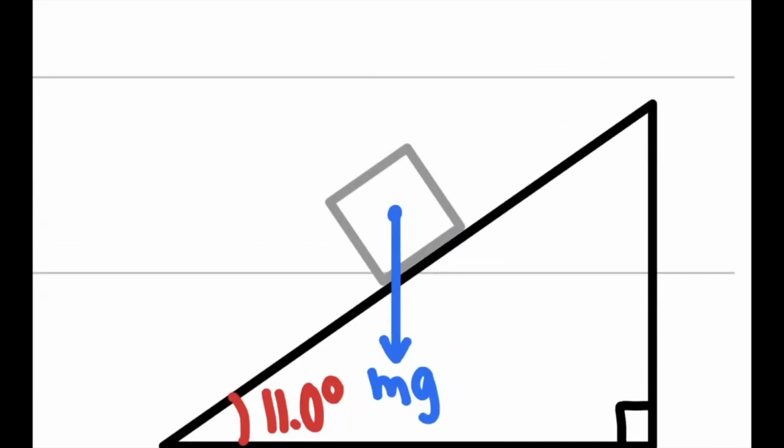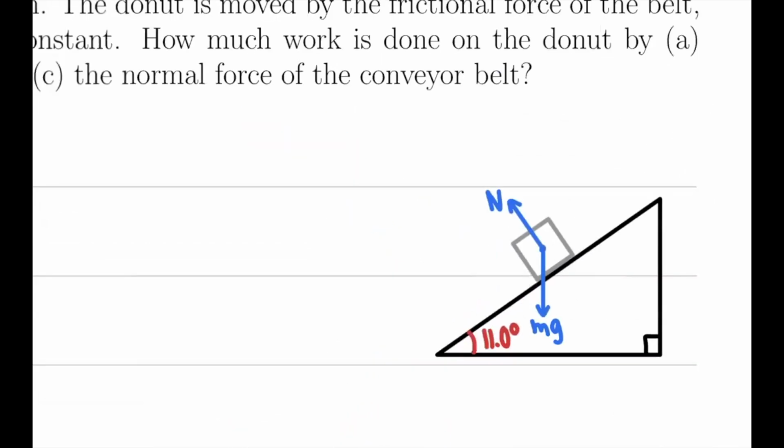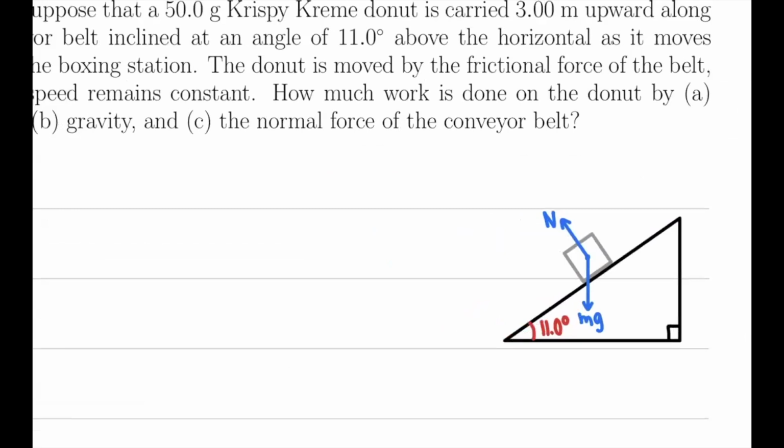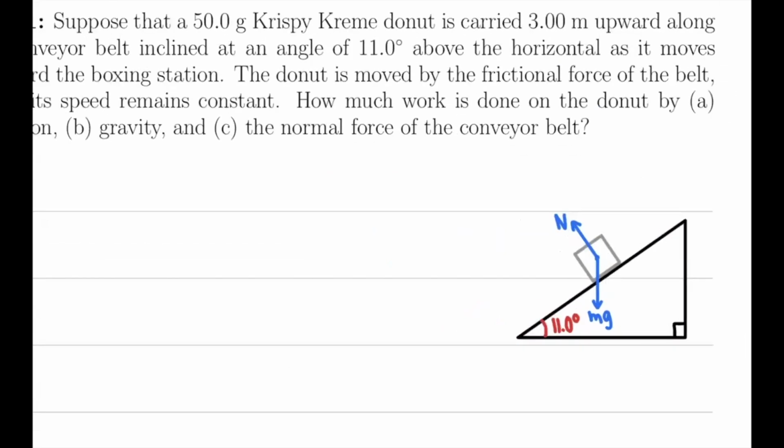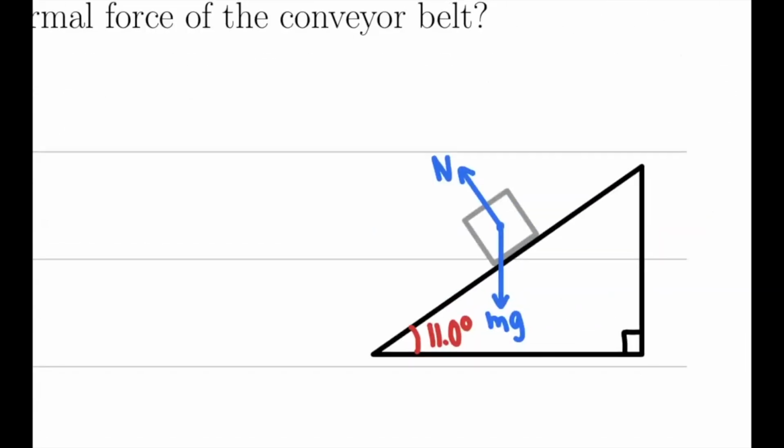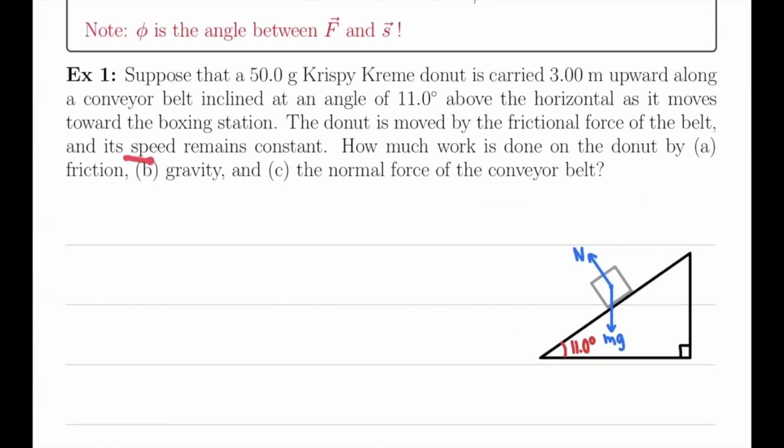Remember that's perpendicular to the surface, so that's n. And in which direction is the friction pointing? It always opposes the direction of motion, and it's going up the conveyor belt, so it must point down the incline.